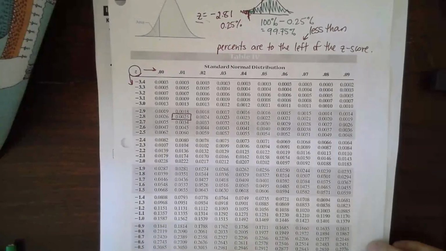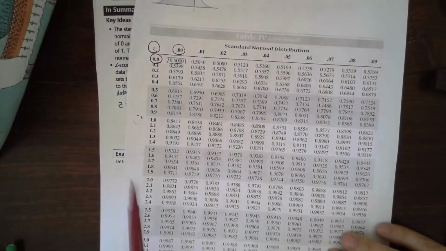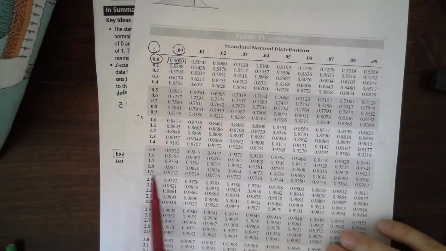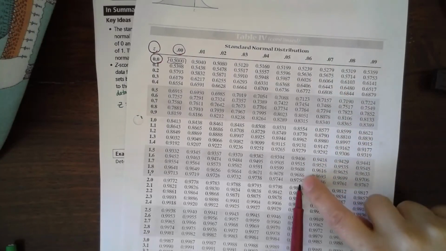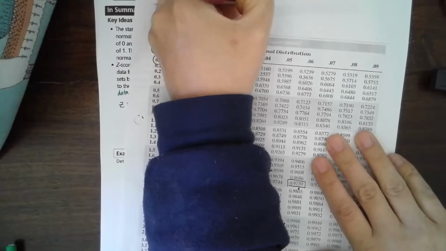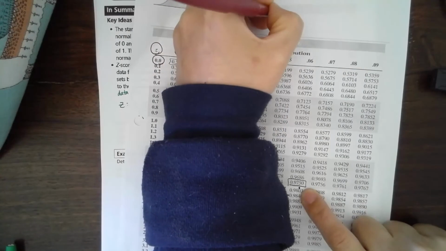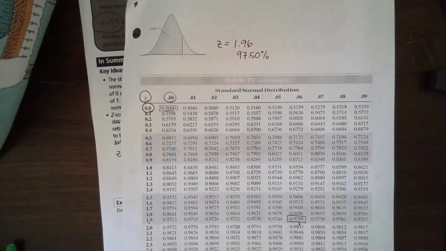That's a really common mistake. Students forget and use the negative 1.96, but we want to use the positive 1.96, right? Because there's our 6. So when z equals 1.96, we get 97.50% of our data is to the left.